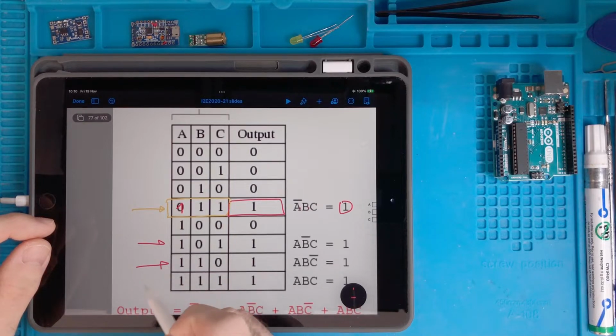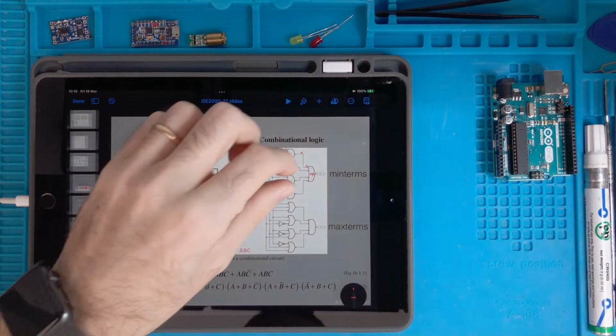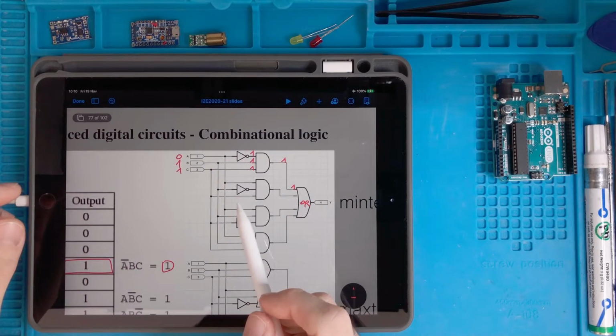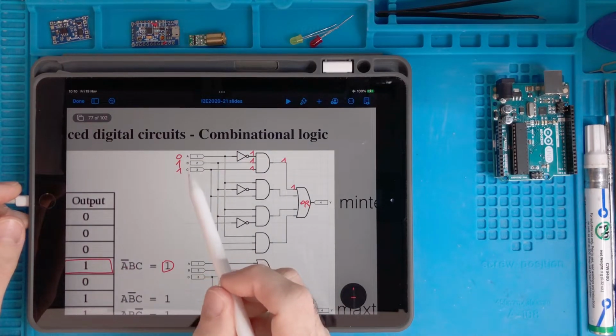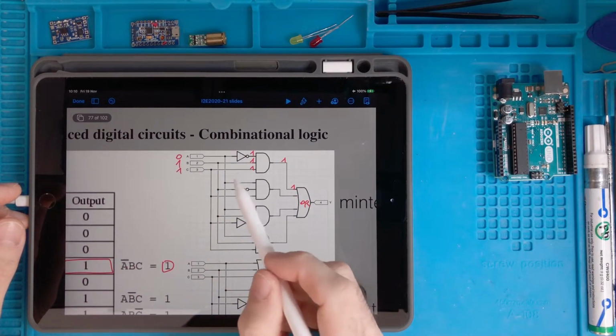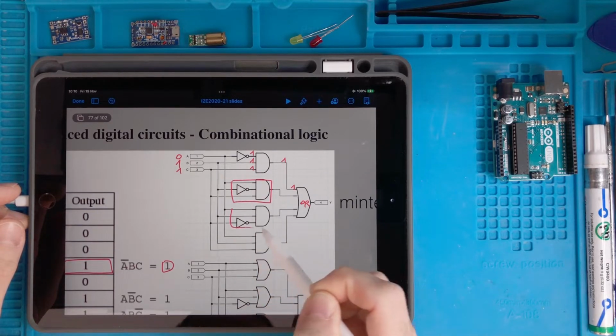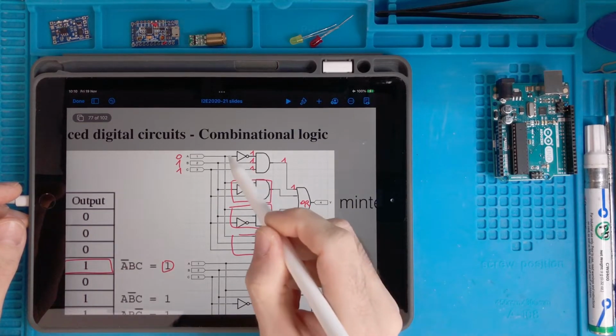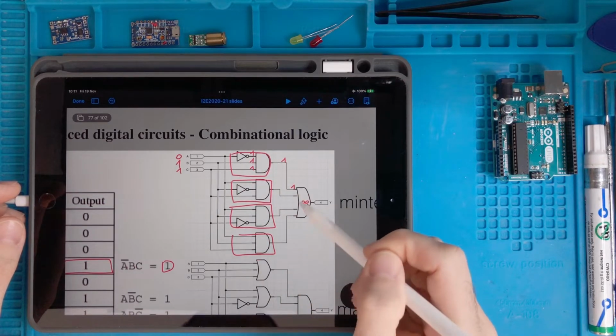Similarly for the others. So we can build this circuit this way. A, B and C are simultaneously applied to all these subunits, and the results are merged into this.